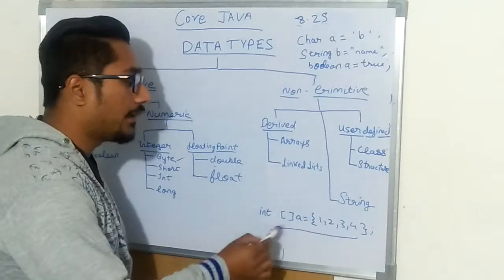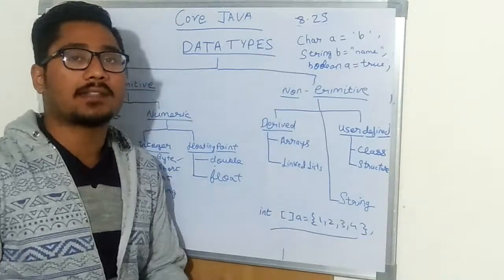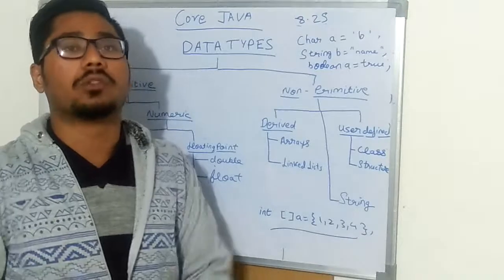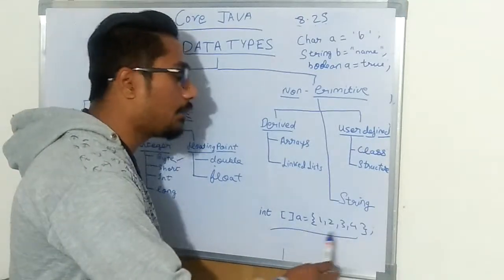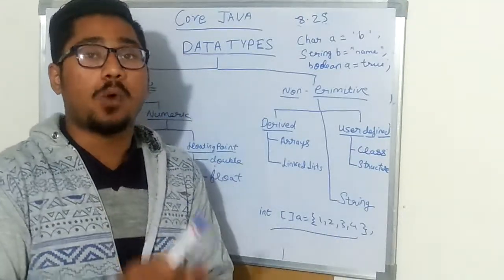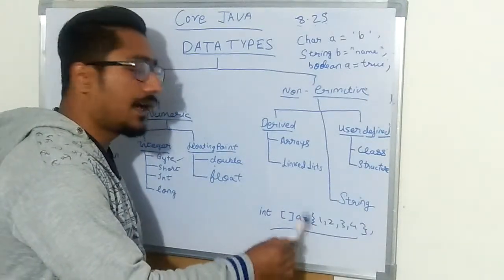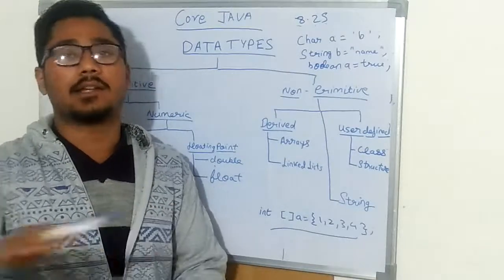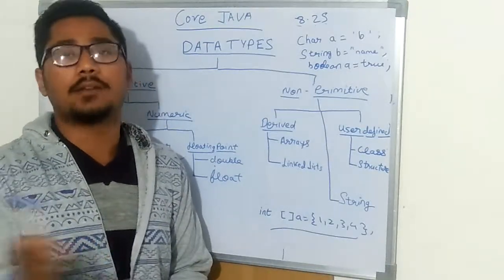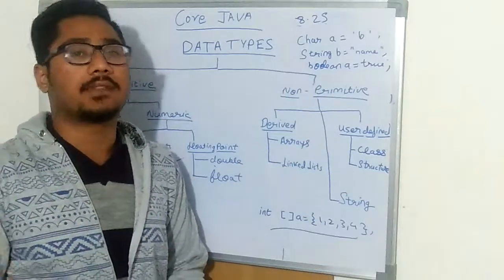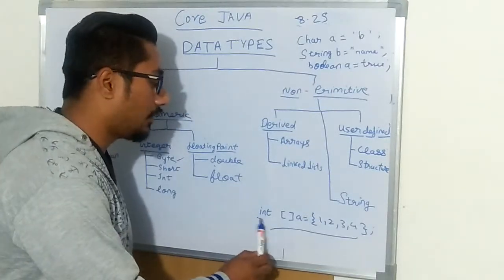We declare this int over here because the definition of an array suggests that an array is a memory structure that stores similar type of values. So to store similar type of values, you need to specify what type of values you're going to store in it. If you want to store all the digital values, that means 1, 2, 3, 4 and so on, or all the point values, like 2.35, 5.76, then you need to specify it over here.